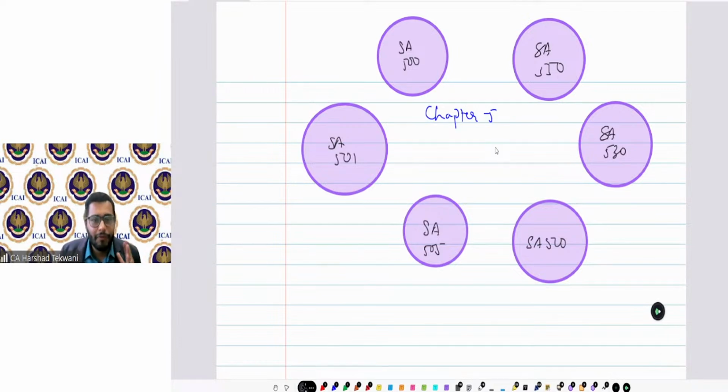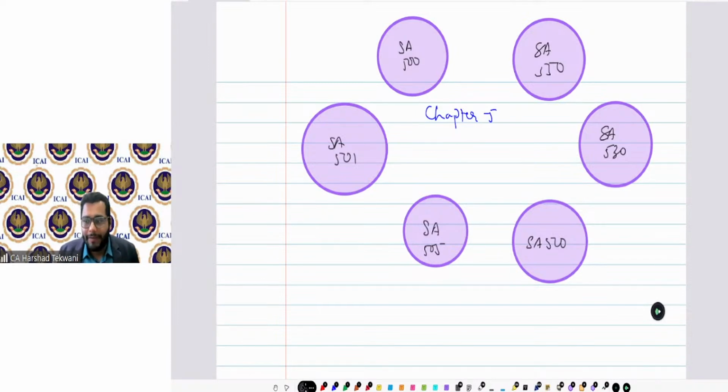Now, the logic is the same for all of these. There is no difference in the logic, they are just catering to a bit different area. The objective of the auditor in all these areas is to gather sufficient and appropriate audit evidence.